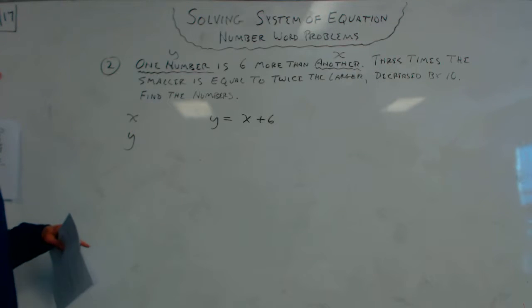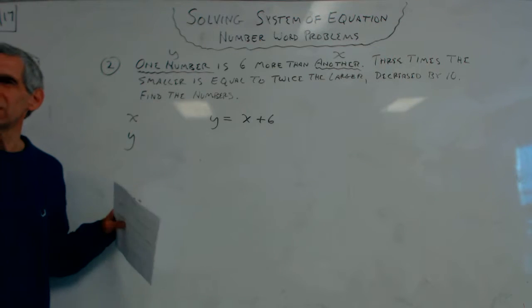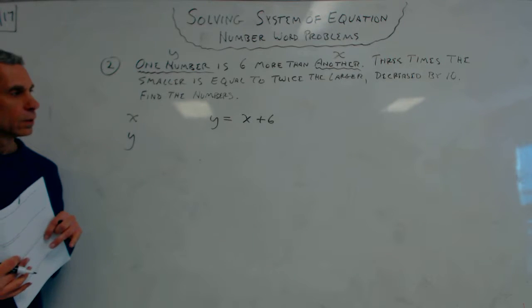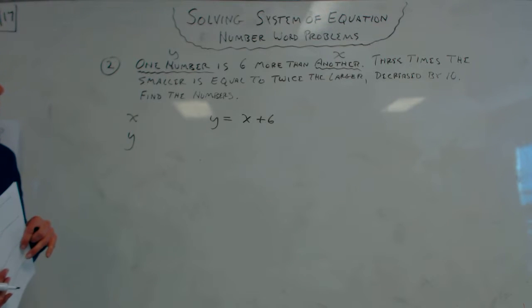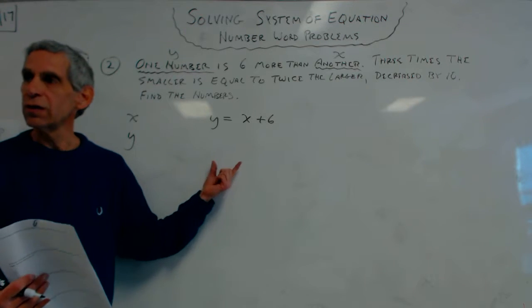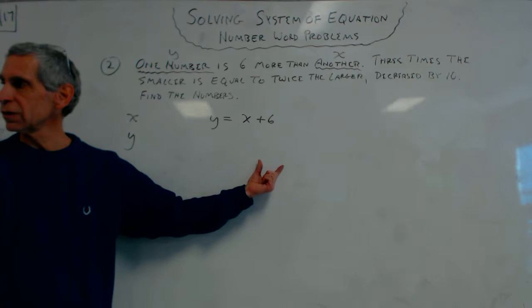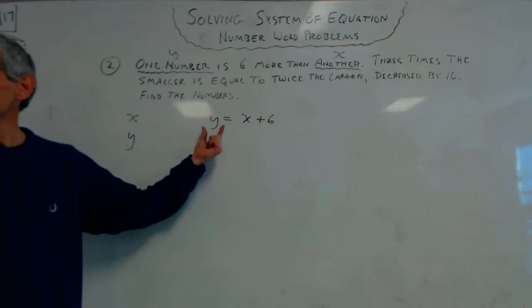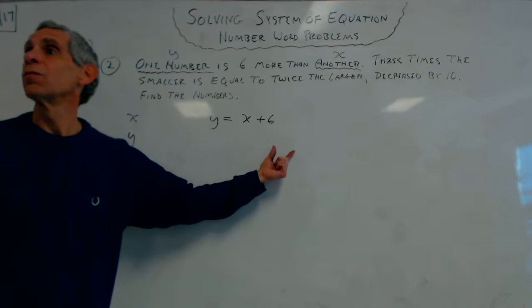Now the second one says 3 times the smaller. Shoot, which one's smaller? X. In order to know the smaller, you have to look at your first equation, right? Don't you agree with me? It says y is equal to 6 more than x.